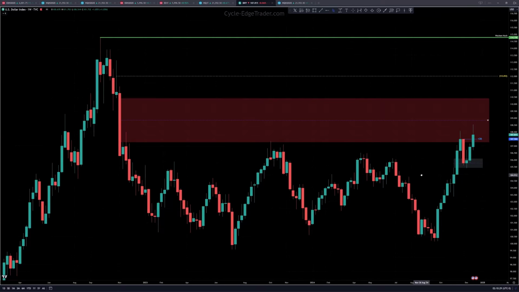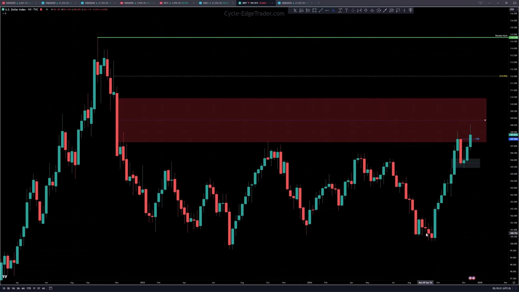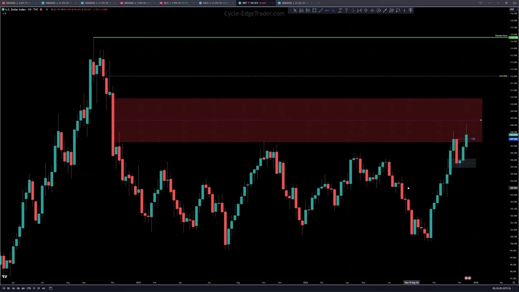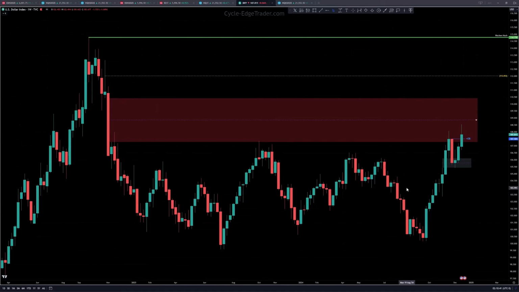The timing in the US dollar is very likely the last week of February. I'm expecting the dollar to stay strong till the last week of February. Now we go over to the price analysis after we answered the time. What is the price projection on the US dollar bull run till February?